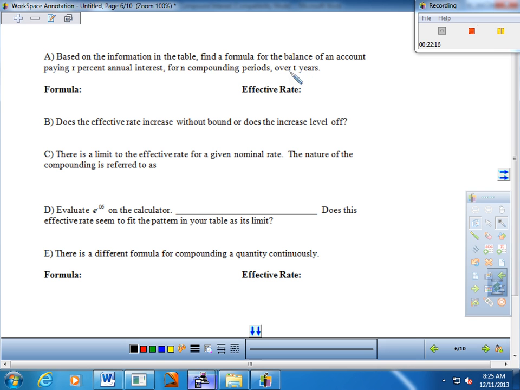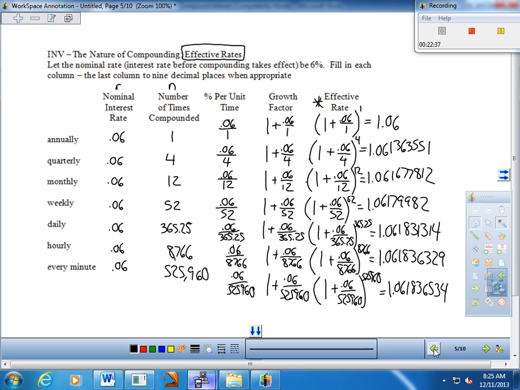What I want to do first, though, is put in the effective rate, kind of the true growth rate right there. And so if you kind of look at this, using R and N, think about what this effective rate is right here. So what is that effective rate? Think about R and N in each case.